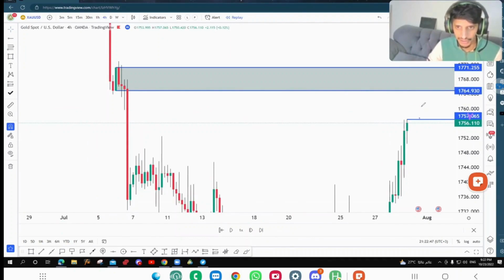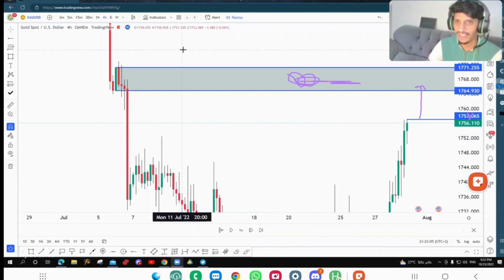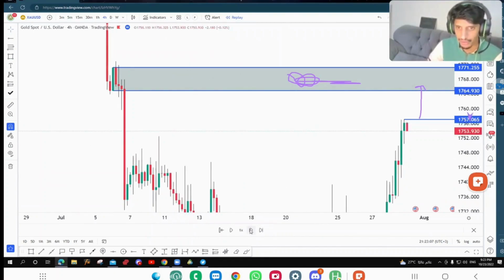It could tap here, and then I am very sure in this area you will see a reaction. Now, what's the reaction? I don't know. But according to that reaction, you can decide whether it's going to continue or pull back. Let's put one bar.